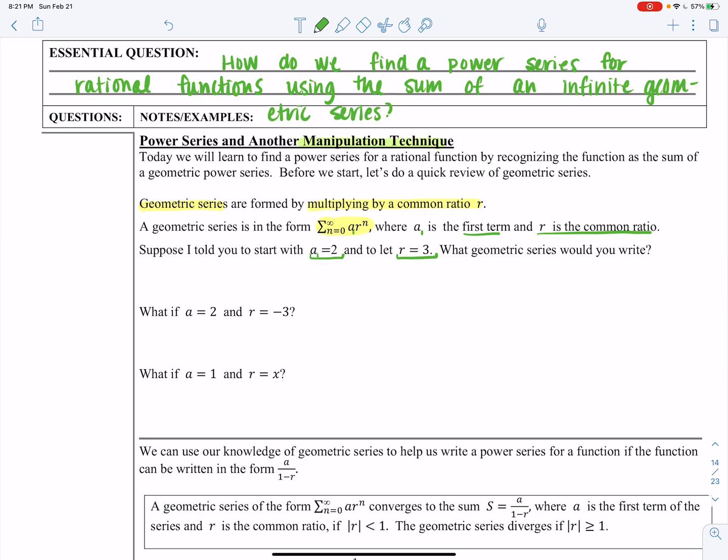Okay, so let's do that. If the first term is 2, and the common ratio is 3, so 2 times 3 is 6. 6 times 3 is 18. 18 times 3 is 54, plus so on and so forth. And I could say that this follows the pattern 2 times 3 to the n.